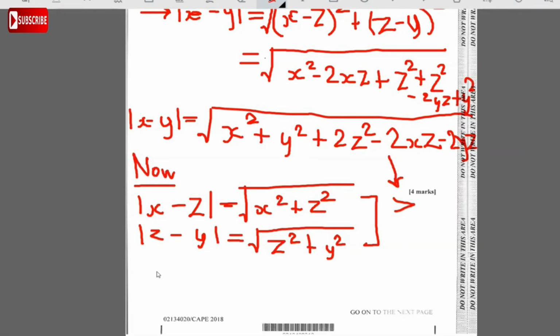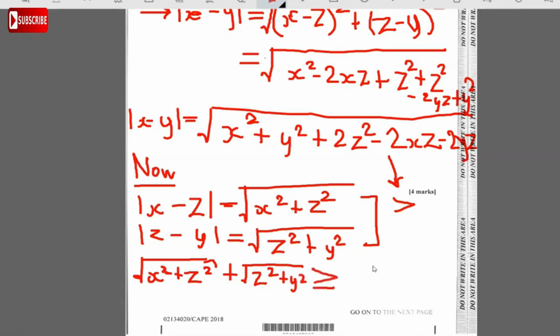So what am I saying? I'm saying that the square root of x squared plus z squared, plus the square root of z squared plus y squared, is greater than or equal to the square root of all of that.